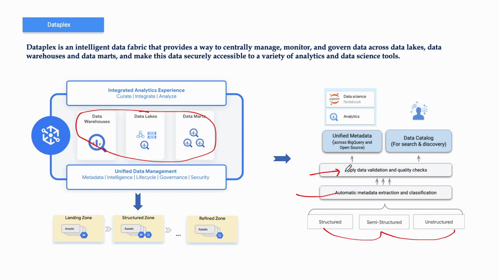Think about this solution then. No matter where the data comes from, if it is within the tenant or tenancy of Dataplex, it will apply the same validation and quality check to all date of birth coming from any system into these analytical solutions. Then you can, of course, use data catalog for searching and discovering that data, and then unified metadata across BigQuery and open source.